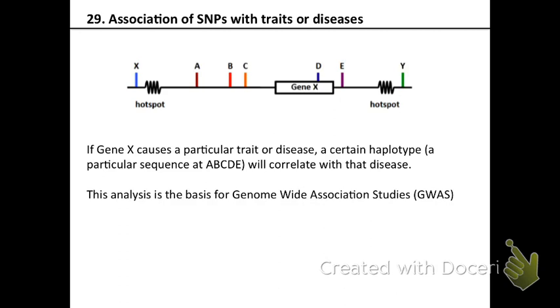And that's basically the basis for genome-wide association studies. These studies try to find SNPs that correlate with disease, okay? They don't essentially know if a certain gene is correlated with disease, but they will be able to tell if a certain SNP is seen in a disease.